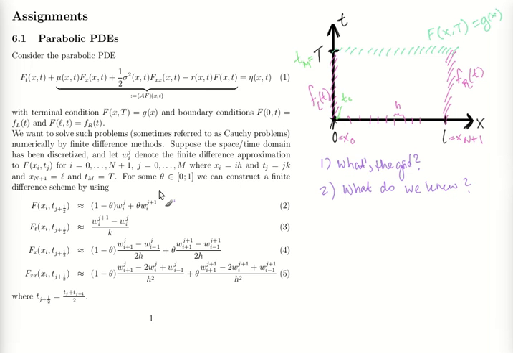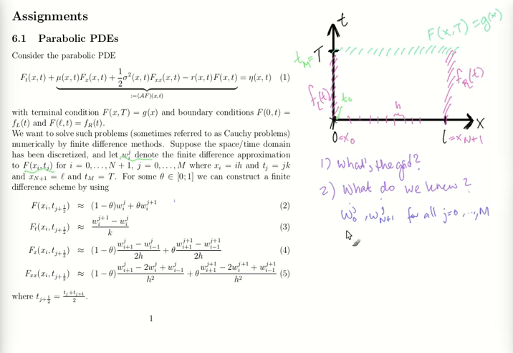So if we consider the fact that we use the notation w_ij to denote the difference approximation of f of x_i, t_j, then we actually know the values of w_0j and w_{n+1,j} for all j from 0 to m based on the boundary conditions.